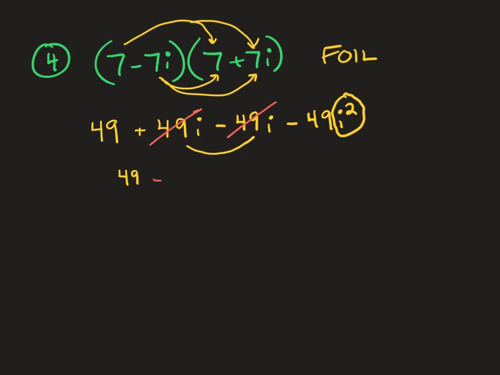And we're left with negative 49 on the end times negative 1. So negative 49 times negative 1, positive 49, and then we just add those.